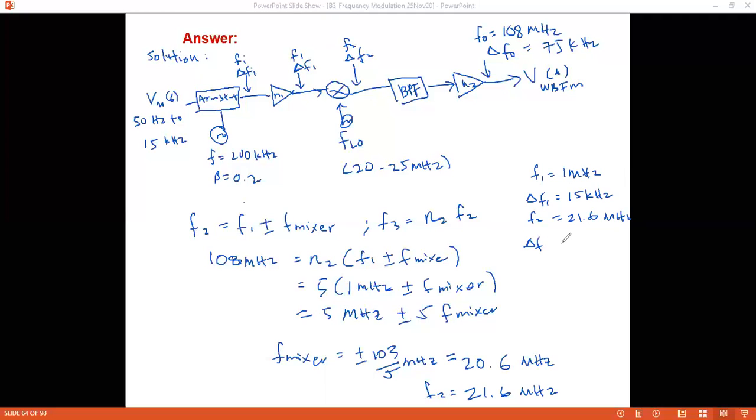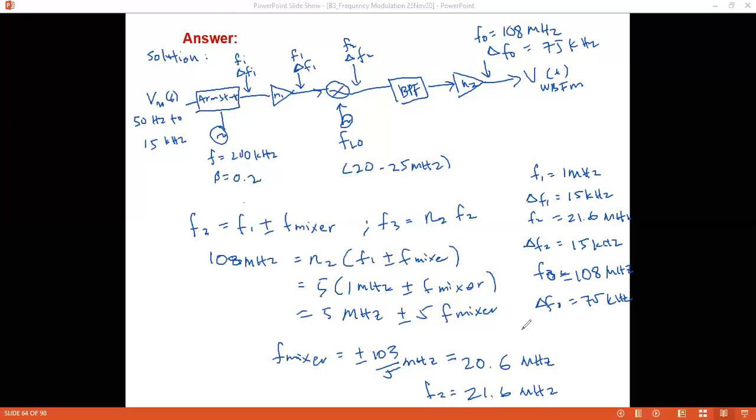Delta F2 is equal to 15 kilohertz. Over here, it's the same, after the mixer. F3, over here, is actually F out, which is equal to 108 megahertz. This is given, but you have to label it in your block diagram. Delta F out is 75 kilohertz.